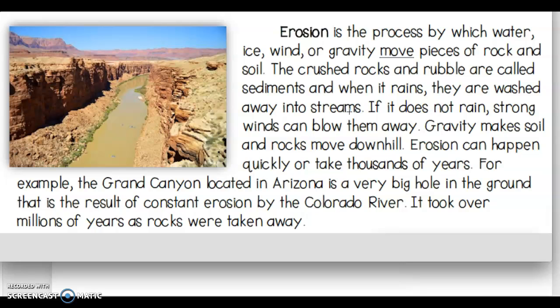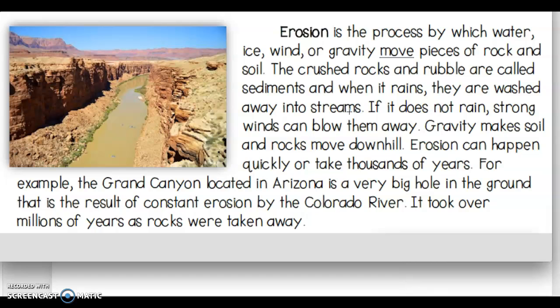Now you have all these little tiny pieces of rock and soil, and they're called sediments. So now erosion takes the sediments, the rock and the soil, and moves it. So now our rock broke, the wind comes in, and now it's being moved, or the water, we have erosion now. Okay? We're not getting back to when they drop yet. That's tomorrow. So we're only on the middle part right now.